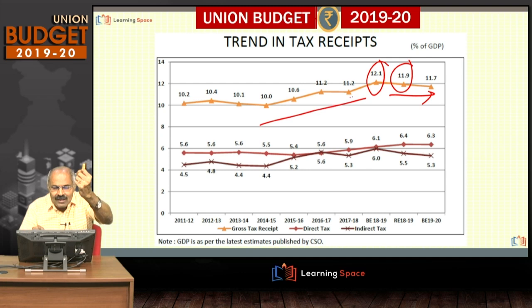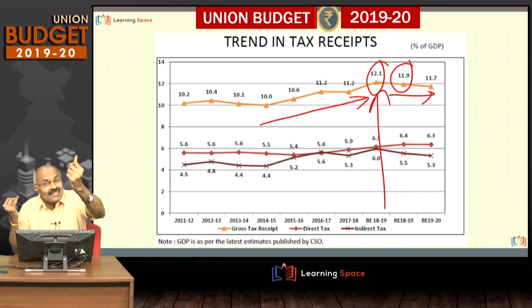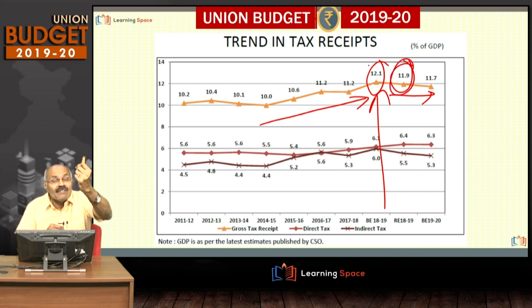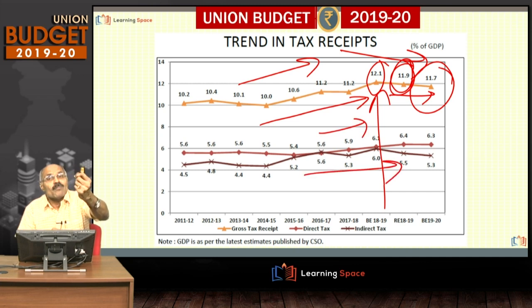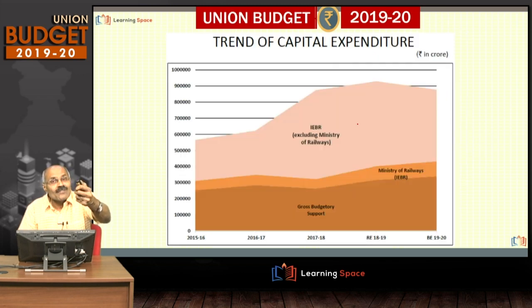After reaching a peak of 12.1 as per the budget estimates of 2018-19, in the revised estimates of 2018-19, they were in fact reduced to 11.9% and now 11.7%. So this trajectory is also very important. Not only that, the trajectory of direct taxes and indirect taxes, this is also very important. Please don't forget, from your exam perspective, this trajectory is also very important, right friends?